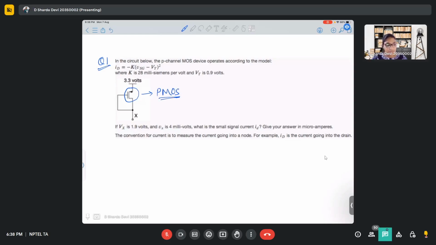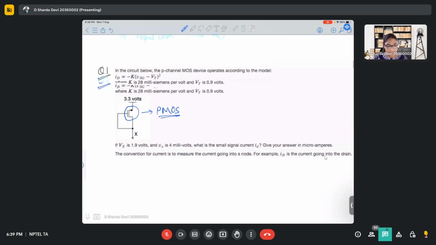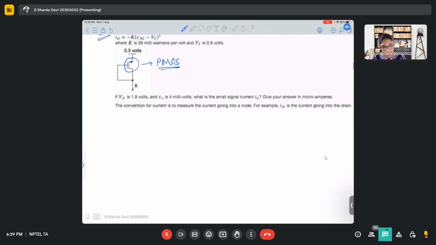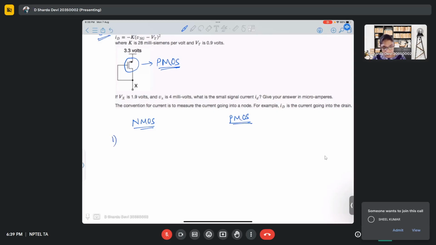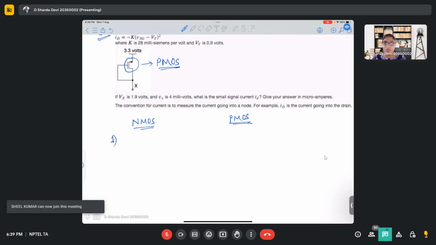So what are the conditions for PMOS and NMOS? If we quickly talk about their regions of operation and their conditions. First of all, when does an NMOS turn on? When VGS is greater than VTH. When VGS is greater than VTH, the NMOS turns on.